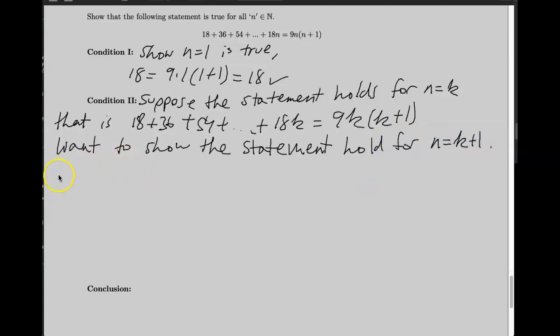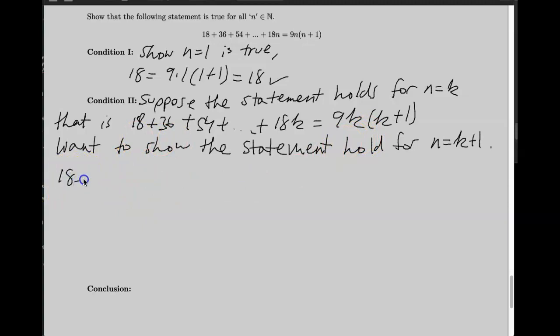So we want to show, so the k plus 1th term, well, I don't want to write that. So what I mean is, we just literally want to show the statement holds true for n equals k plus 1.